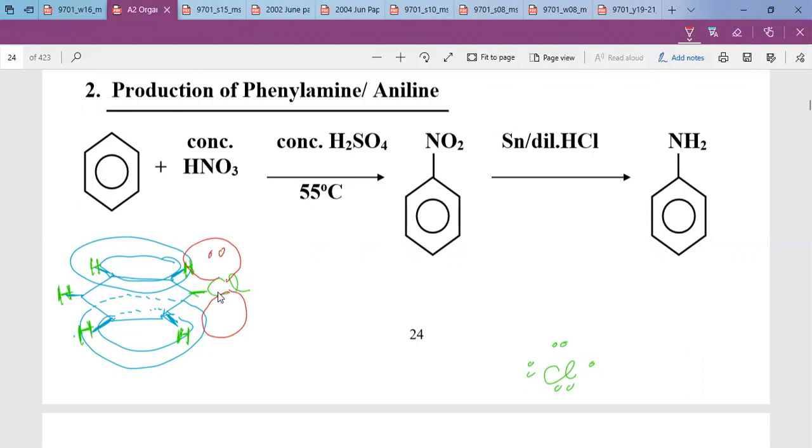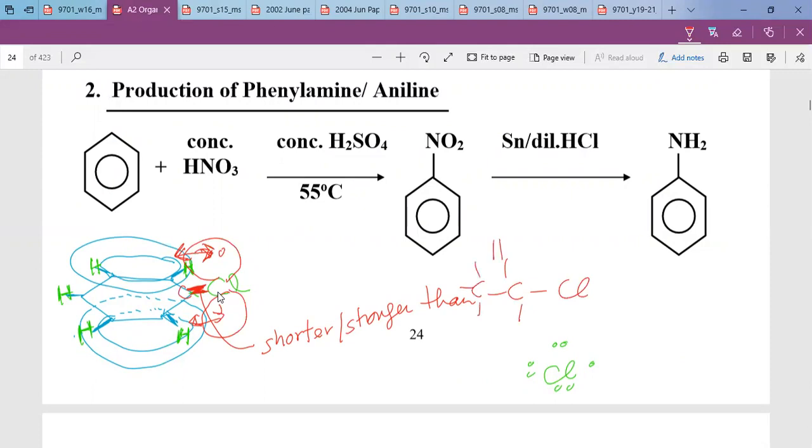So the p orbital is able to overlap here with the pi electron cloud. So it goes inside here. That means it makes this bond stronger, no? So the carbon-chlorine bond is shorter and stronger than a normal aliphatic alkyl halide.